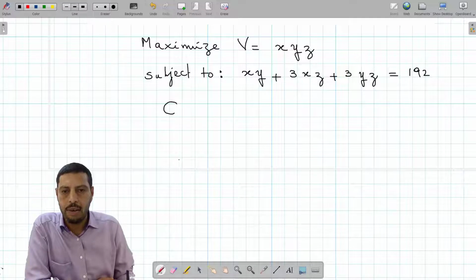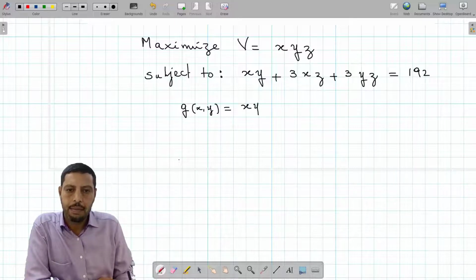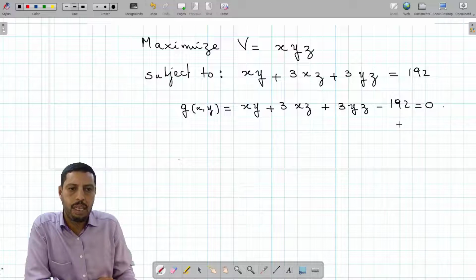So let's write our constraint g(x,y,z) equals xy plus 3xz plus 3yz minus 192 equals 0. So this is the first step.